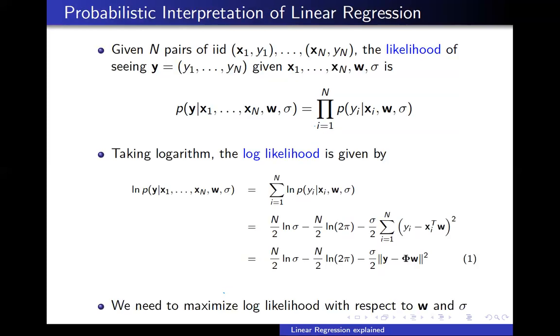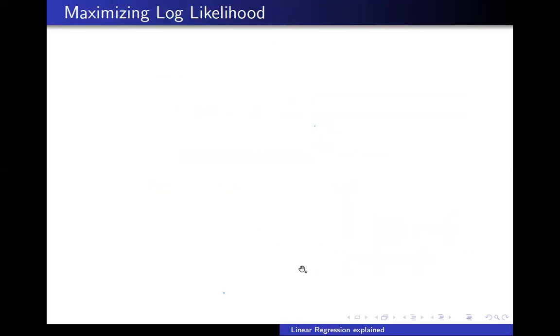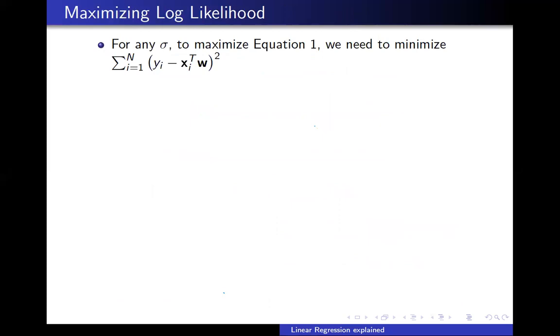Now, if you look over here, maximizing this is the same as minimizing the last term, for a fixed value of w. So that is the first observation: for any fixed w, to maximize equation 1, we essentially need to minimize this sum squared error.